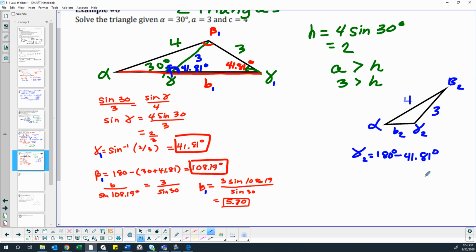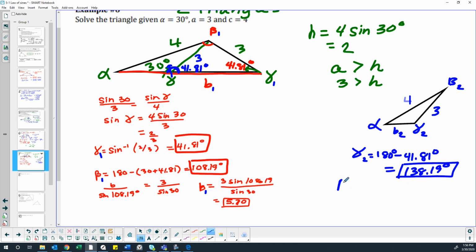So now that we have our second gamma, actually we don't quite have it. What would it be? 138.19. Now that we have our second gamma, we totally ignore our first set of numbers and we solve our triangle again using our second set of numbers.